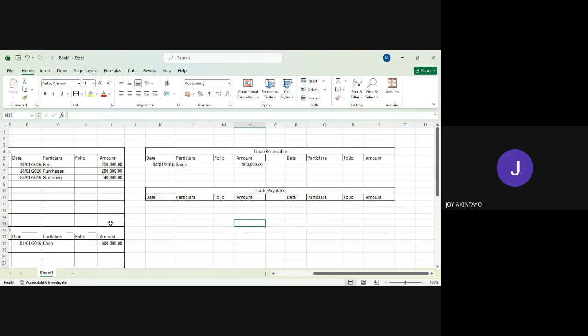Then these dates, just bring it here. Okay. Do you understand? Hope you get it. Yes. So that's how to record based on credit transaction. So any question?